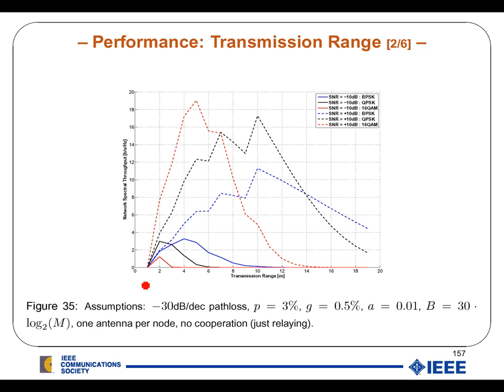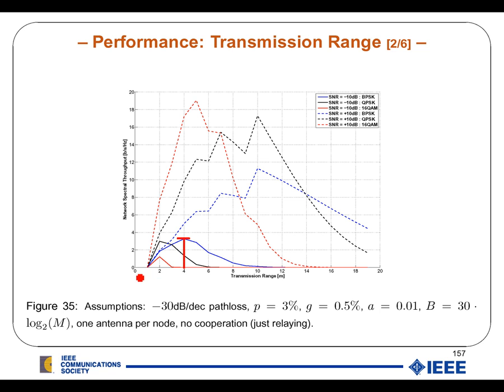Let us concentrate on the case of very low signal-to-noise ratio. That means we are at -10 dB end-to-end signal-to-noise ratio. And as you can see, the maximum of this family is achieved at this point here. And that point is achieved if I use the blue curve, which is the BPSK modulation scheme, and I use a transmission radius of 4 meters.